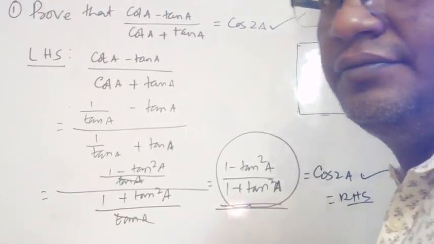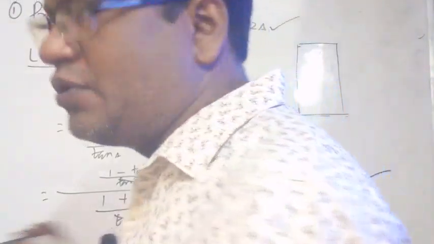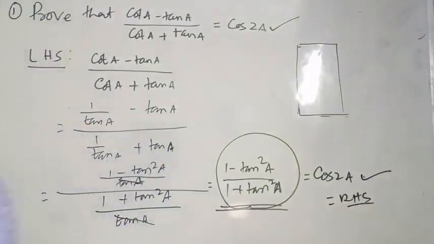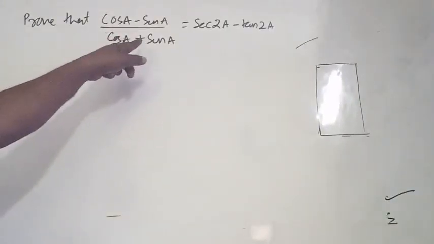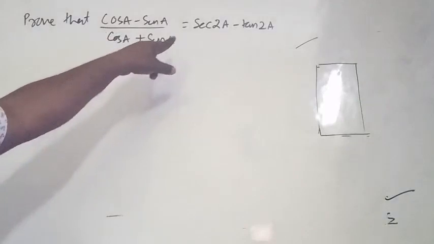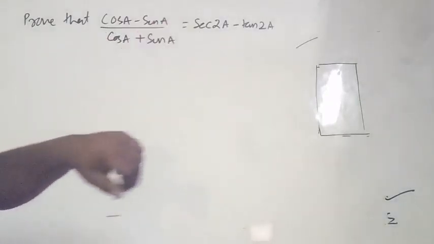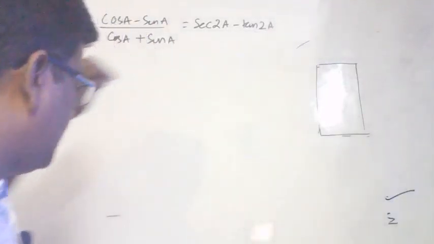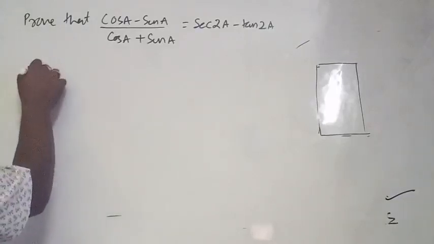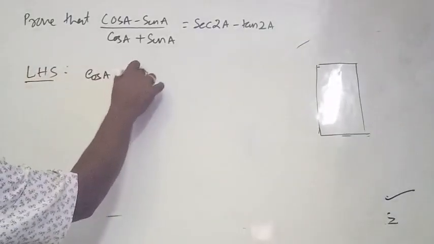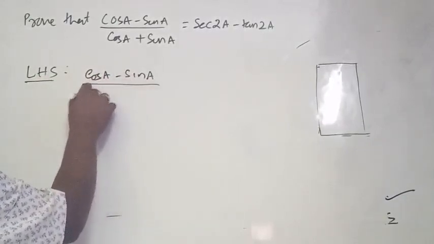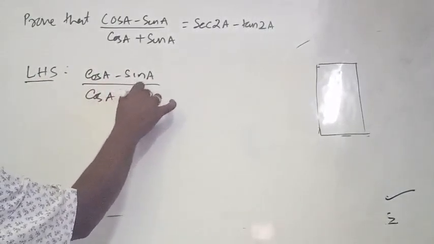Then another question. Prove that cos a minus sin a divided by cos a plus sin a is equal to sec 2a minus tan 2a. So the left hand side is cos a minus sin a divided by cos a plus sin a.